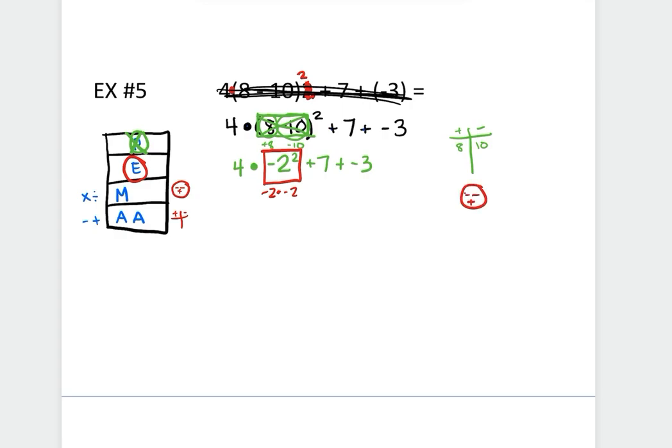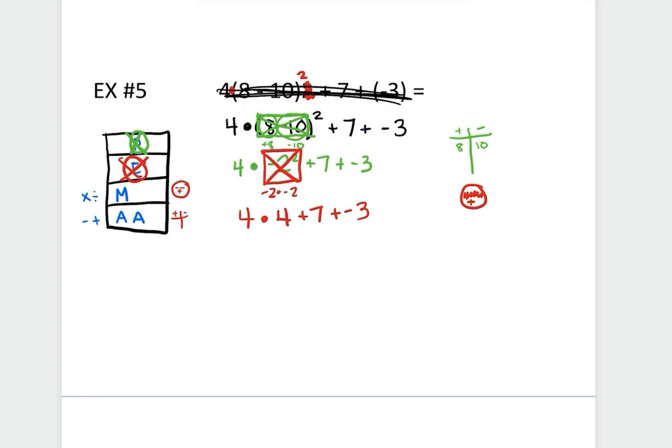I have 2 negatives, so what's left? A positive. And 2 times 2 is 4. So I have positive 4. I'm going to mark it out, and I'm going to rewrite. In the back, I have plus 7 plus negative 3. And in the front, I still have times 4. All right, exponents is done.